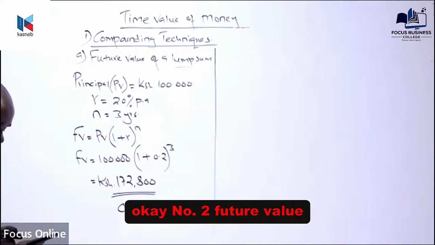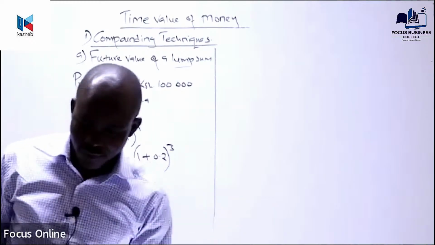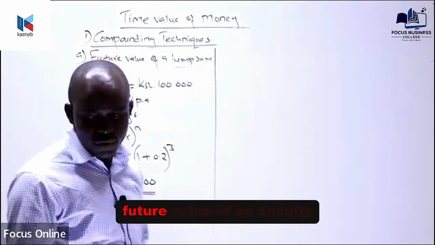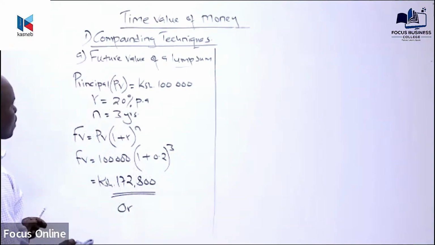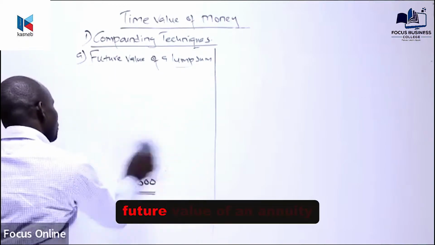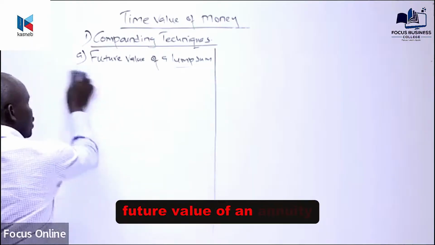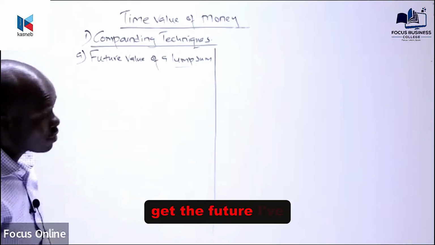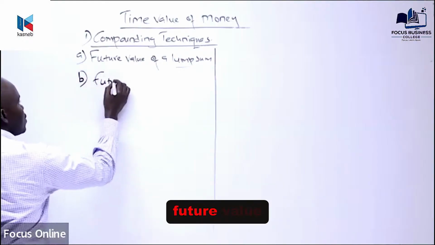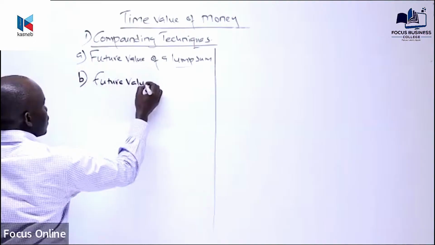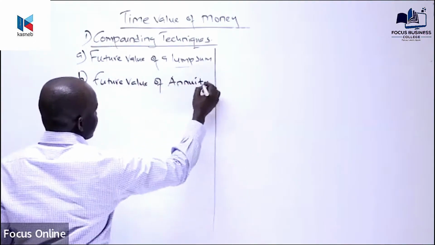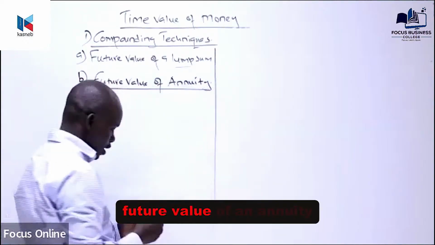Okay, number 2, future value of an annuity. You have seen how we get the future value. I've explained what an annuity is.